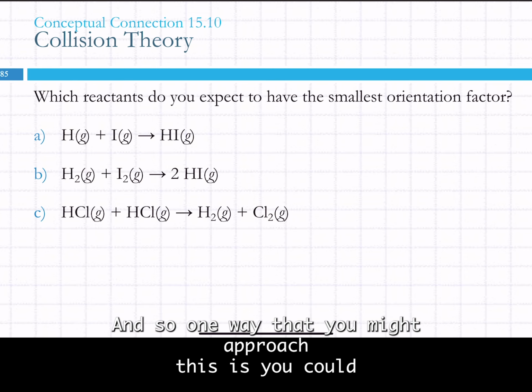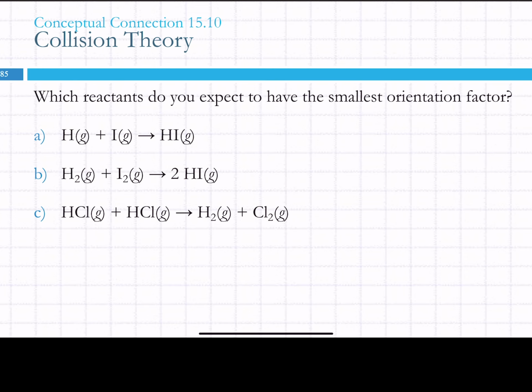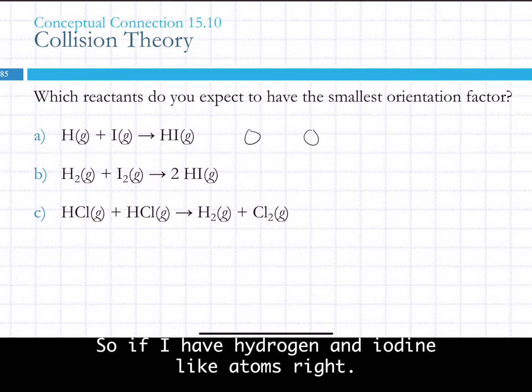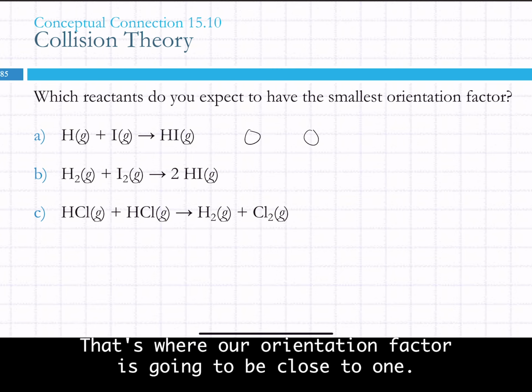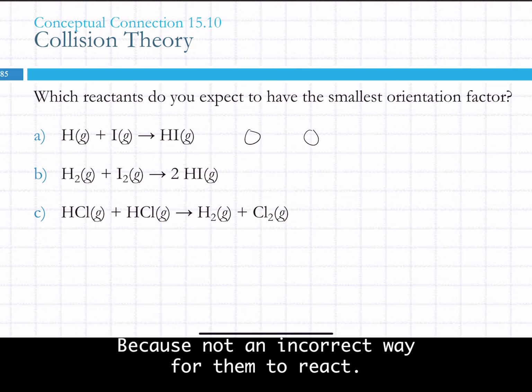One way that you might approach this is you could draw out some pictures. If I have hydrogen and iodine atoms, that's where our orientation factor is going to be close to 1, because there's not an incorrect way for them to react.